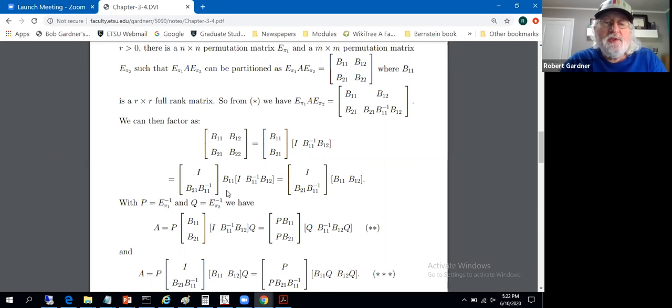So what we're doing is effectively pulling a B11 out of this first partitioned matrix. Look what happens when you put it back. You get B11 in the first entry, and you get B21 times B11 inverse times B11, so you get B21 in that second entry. So the arithmetic holds.